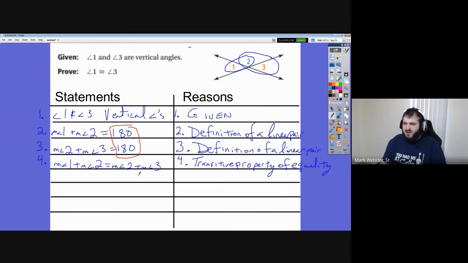So now that we know this, what we want is that angle 1 is congruent to angle 3, right? Well, what's standing in our way from saying something like that? Isn't it this angle 2 that's in here? So let's get rid of that angle 2. Let's subtract angle 2 from both sides.